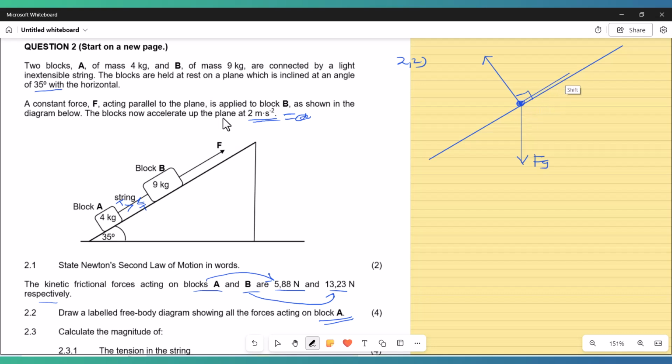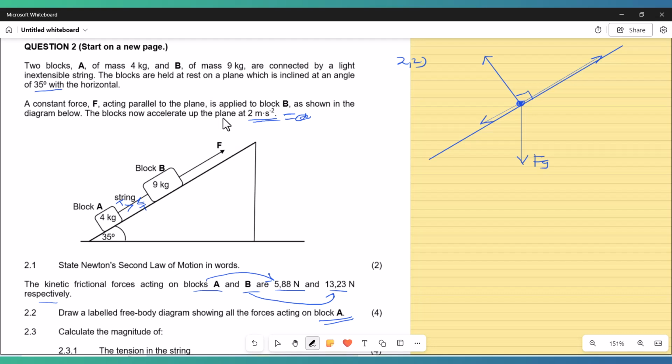That is our tension force. And then because there's frictional force, because the block is moving up, the friction is going to be facing down. But friction must be shorter than the other arrow. Why? Because the thing is moving up, so the upward component must be larger.